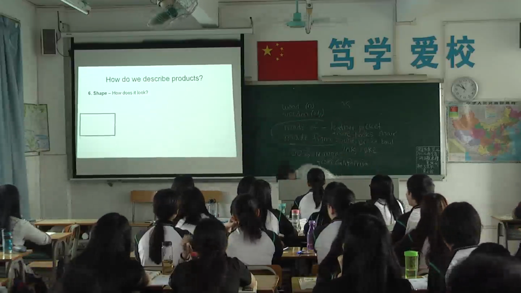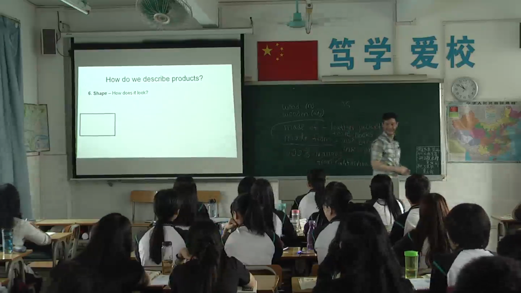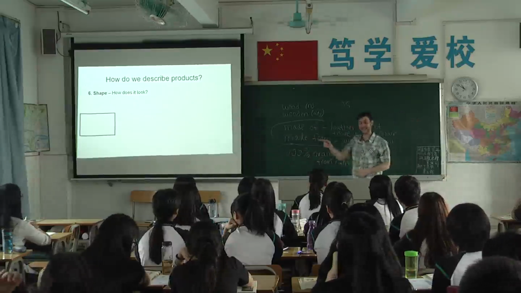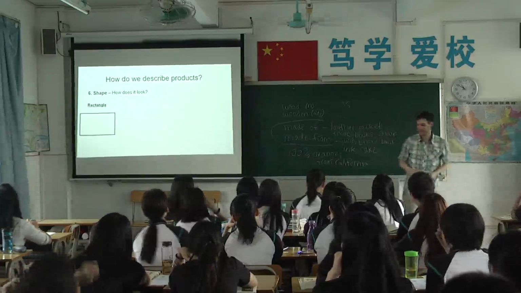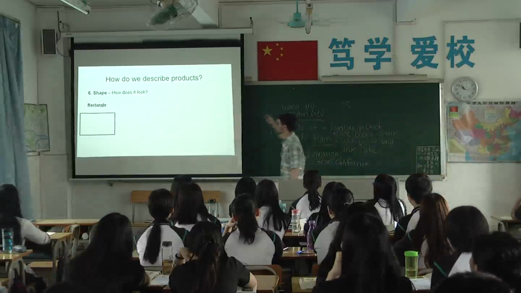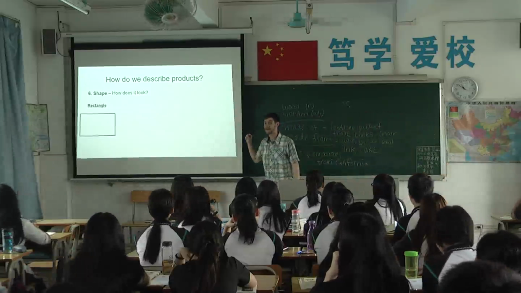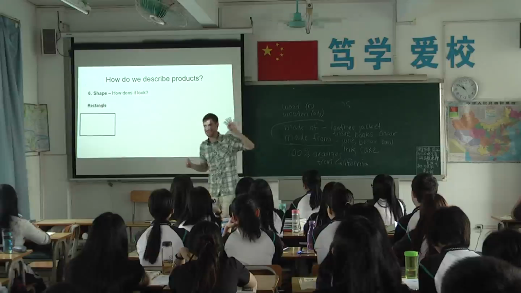What is this shape? Triangle? It is kind of a square. This is a rectangle. What is the difference between a rectangle and a square? 4 equal sides is a square.